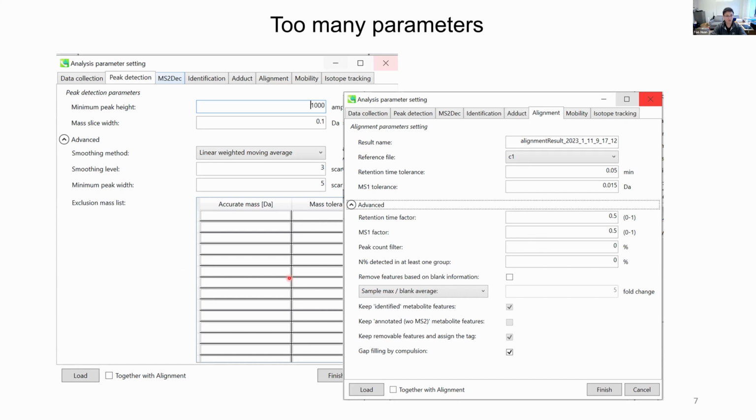Here is a screenshot I took this morning from MS-DIAL. We can see the peak height, slice width, and also the advanced smoothing level, peak width, and also alignment, identification, and so many parameters to set. And how would a user know what is the best parameter combination for their LC-MS data?